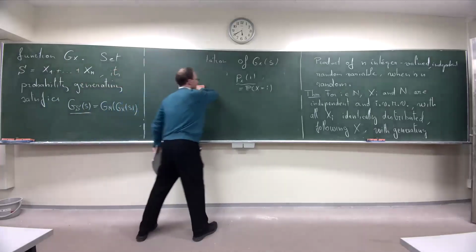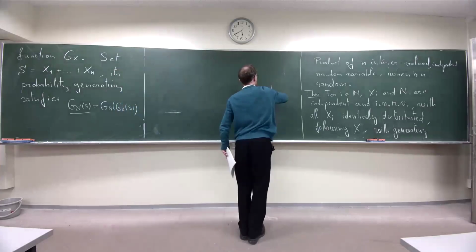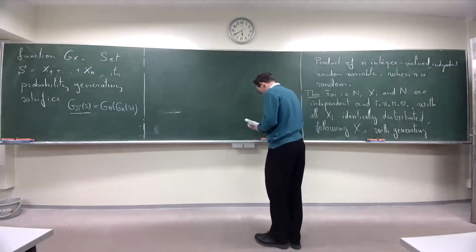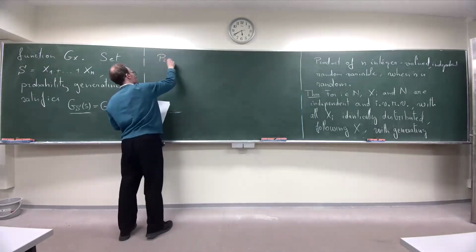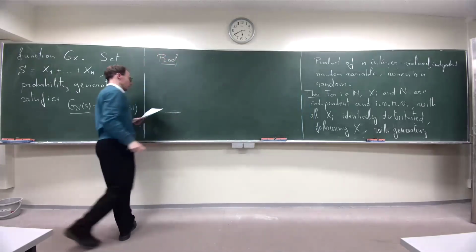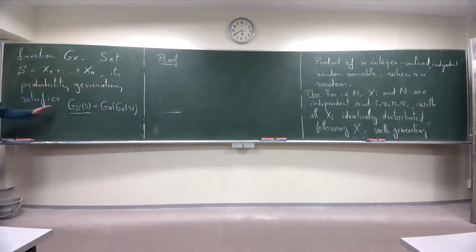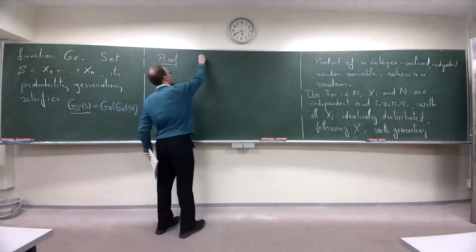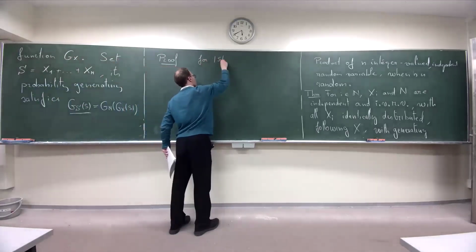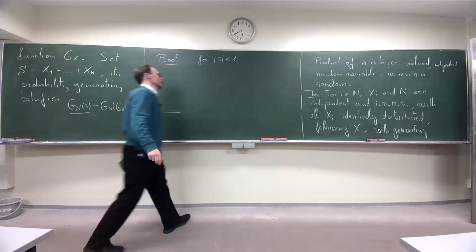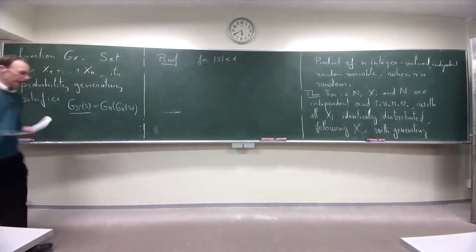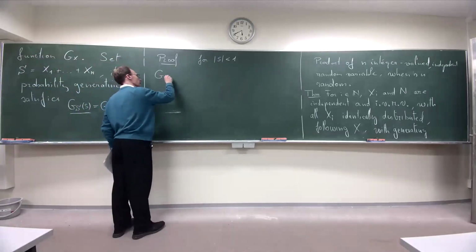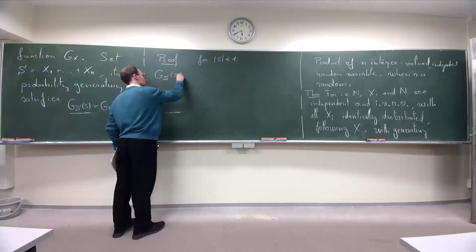And I decided to show it because we can learn something from the proof. We can learn how to make such a proof. It's interesting. So again, if I want to prove this, I take s smaller than 1, because I know that for s smaller than 1, everything is well defined. And I define what is G_S of s.